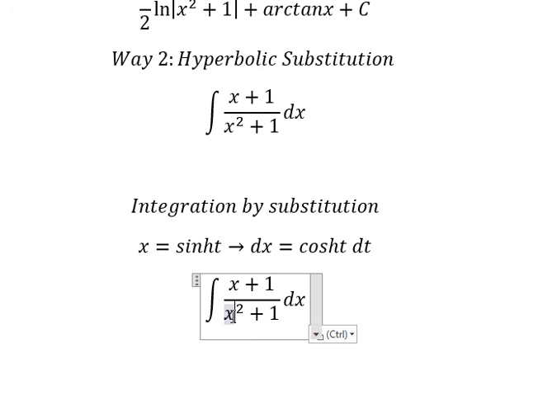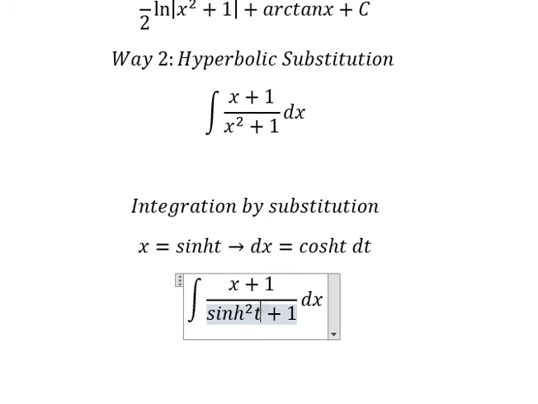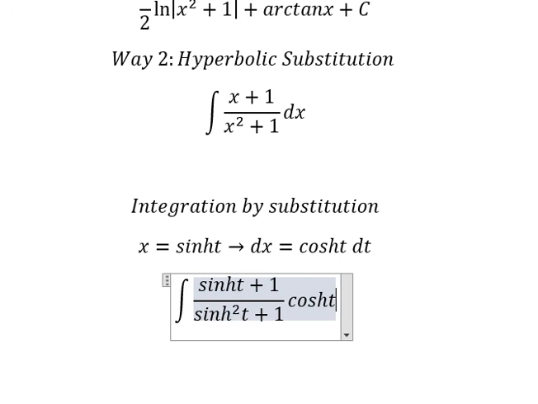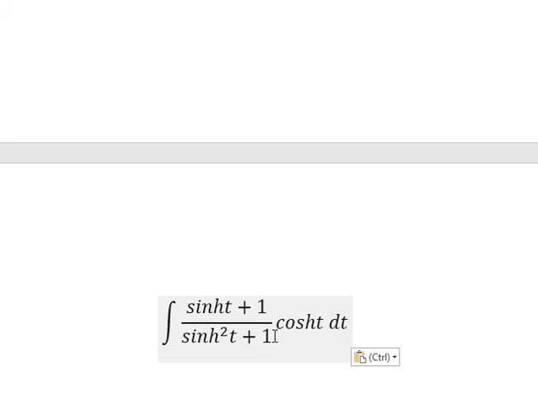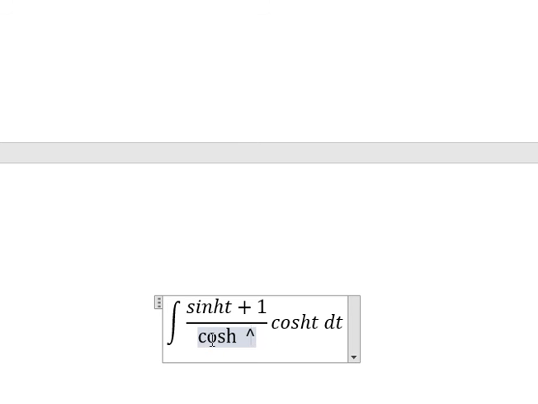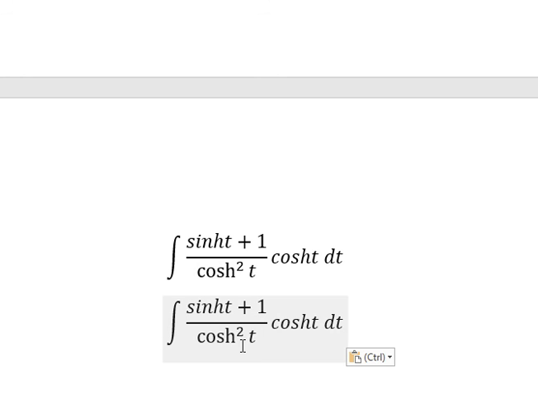So I will put this one going here and here. This one we change by cos t. We know that 1 plus sin t squared, we have cos t squared. Now we need to simplify cos t.